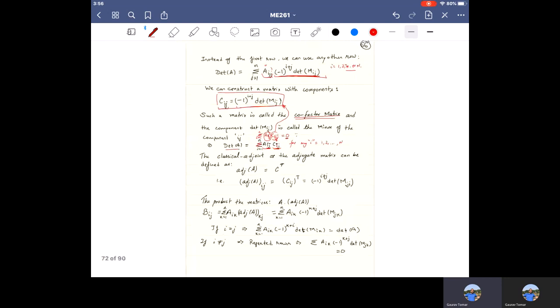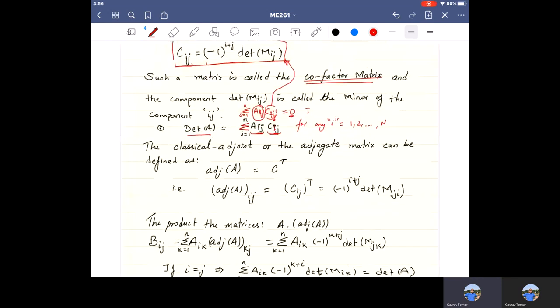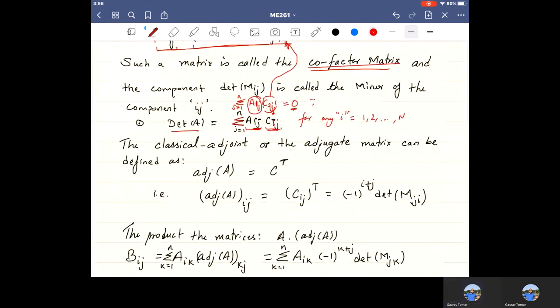But with this information, if you proceed now and define something called a classical adjoint or adjugate matrix, which we will denote by adjoint of A or adjugate of A, as C transpose. Okay, so adjoint of A is essentially C transpose, and very soon you will realize why it is taken as a transpose, why there is a need to define the adjugate in this fashion.